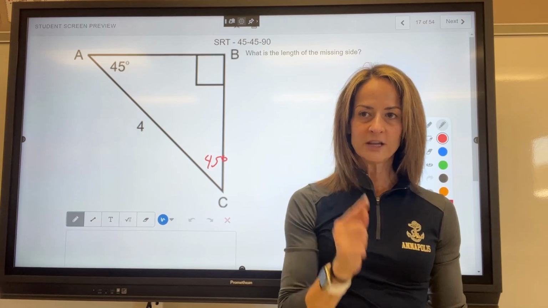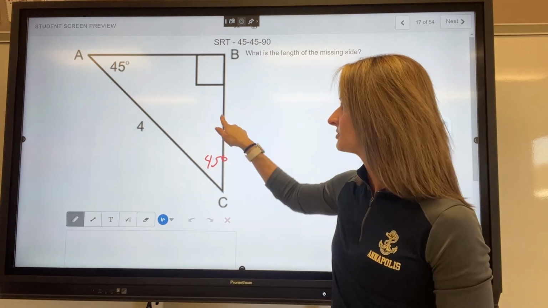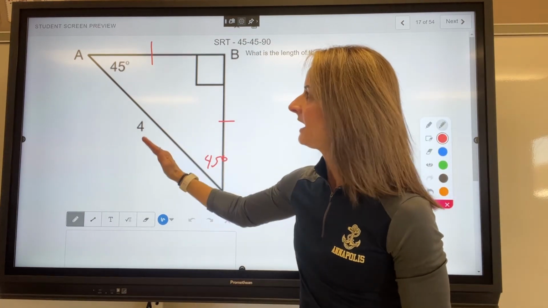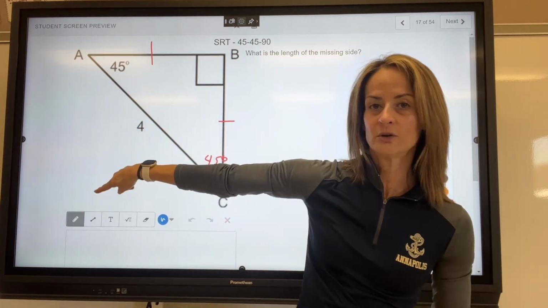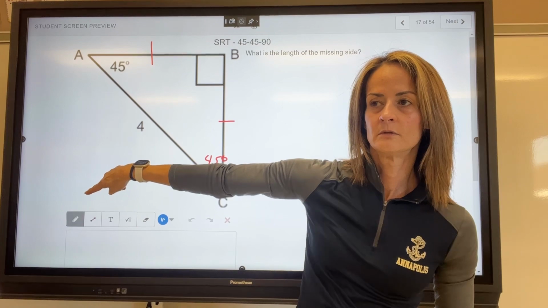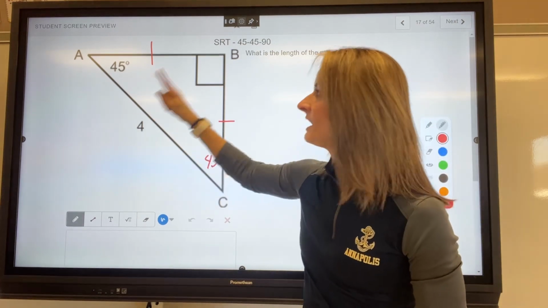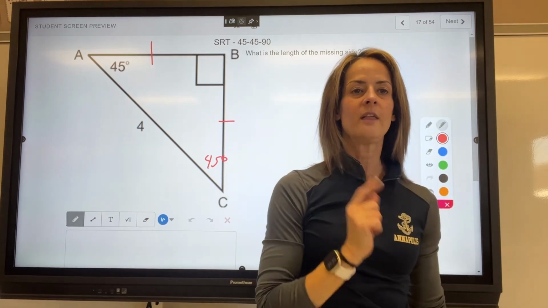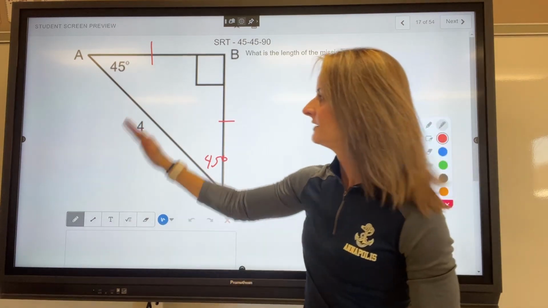That tells us the relationship between the length of the legs, which by the way are the same, and the hypotenuse is times the square root of 2. And we're going to have to go the other direction. We're going to have to divide by the square root of 2 to get the length of the leg, because we're given the hypotenuse.